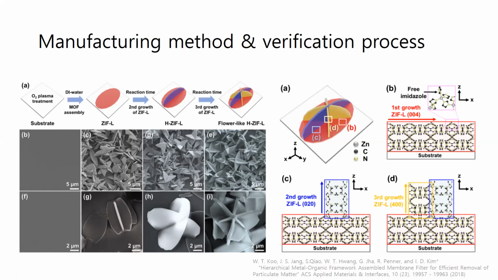Actually, this is a 3D picture, and we should see the axes. The first growth is XZ plane growth, and the second growth is X growth and Z growth, and the third growth is more jet growth.